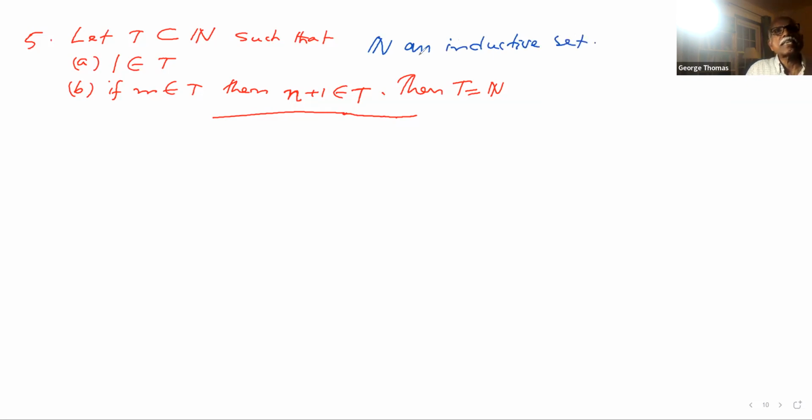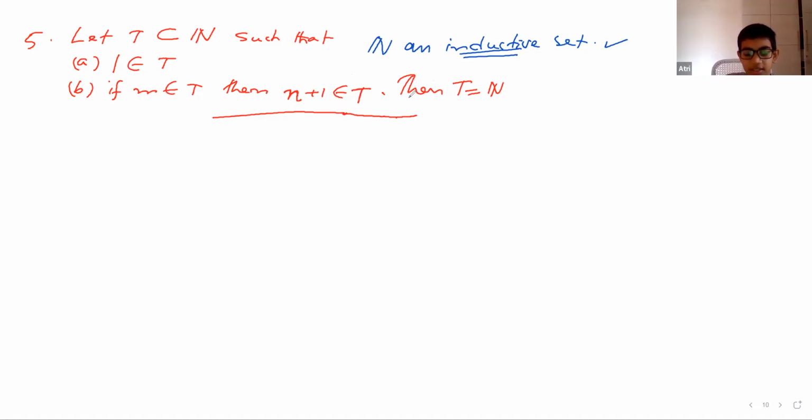N is an inductive set like this. You can get from one to the next, it contains all the successors. That is called an inductive set. If one is in the set, and if all the successors are in the set, it is called an inductive set. Not only that, N is the smallest possible inductive set, and T is an inductive set in it. Because N is the smallest one, T has to be N. Follow?